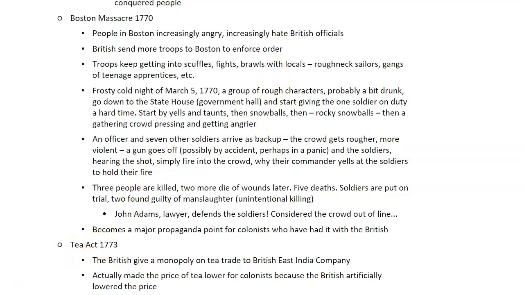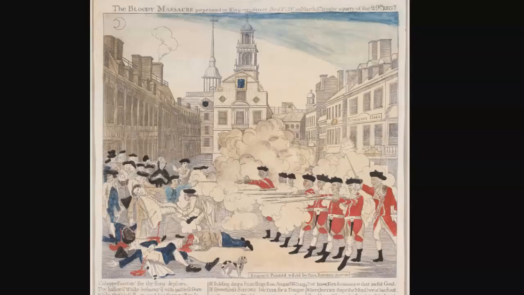anti-British cause. Now, let me show you. Okay, so this is an illustration from the time of the Boston Massacre. This is an engraving. So all the lines you see here were carved into a copper plate that you then spread ink over the plate, wipe the ink off, and the ink would stay in the grooves in the plate.